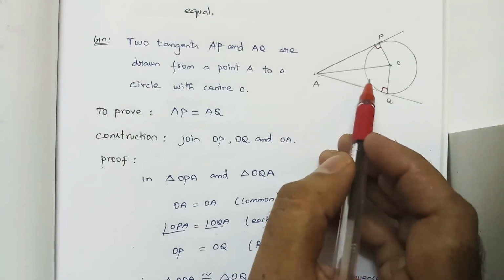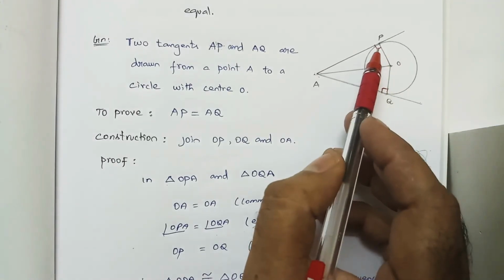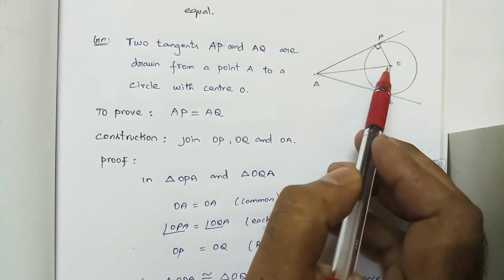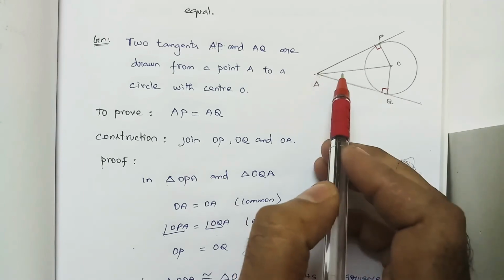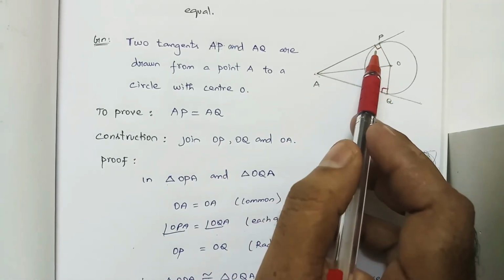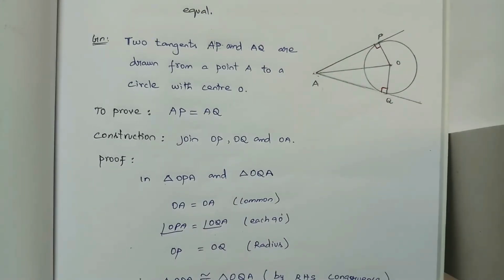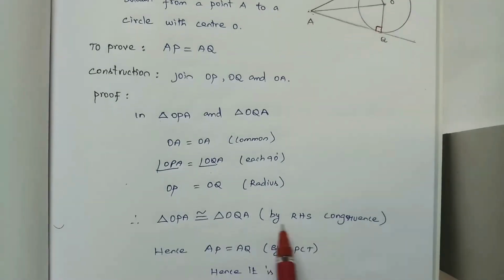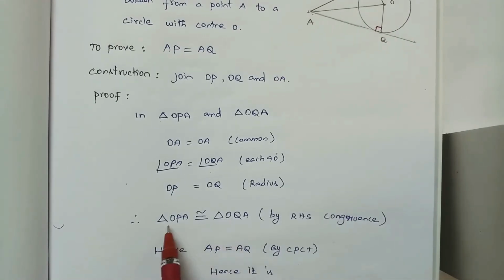So what congruence rule is applicable? Both right angles are equal, the hypotenuse OA is common, and one side is equal for the two triangles. So by the RHS congruence rule, the two triangles are congruent.